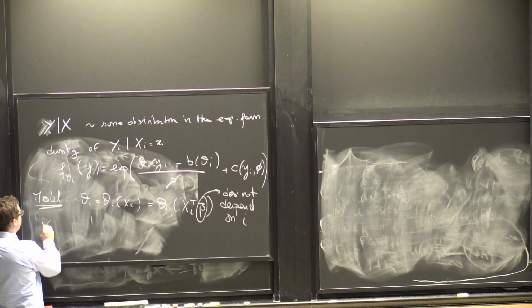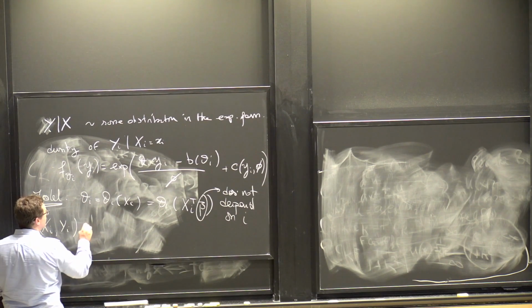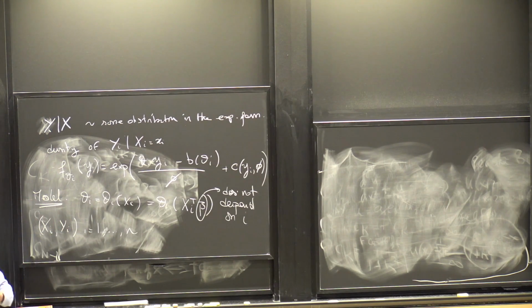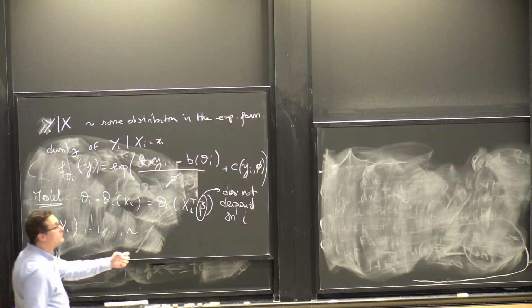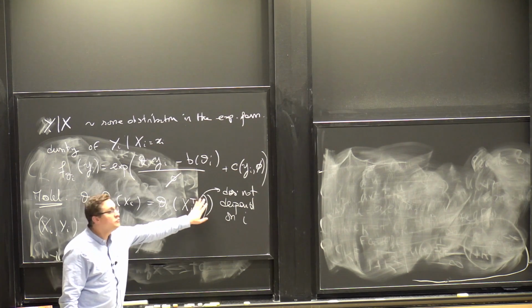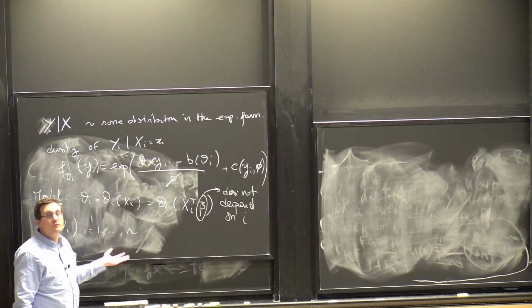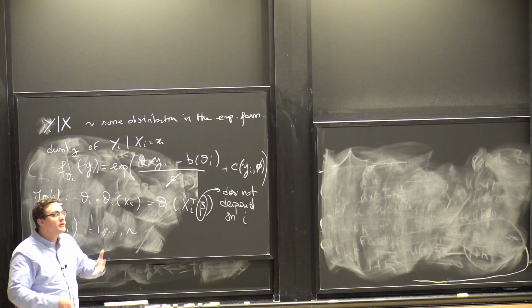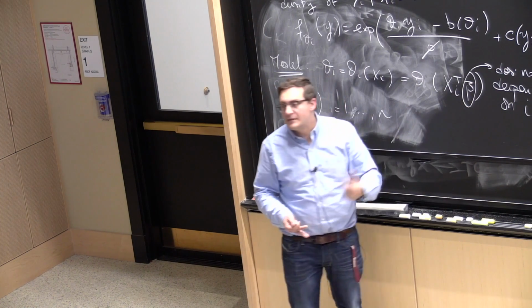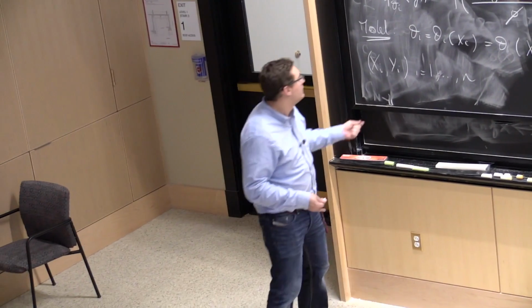If I observe pairs x_i, y_i, let's say I observe n of them, i equals 1 to n, the hope is that as I accumulate more and more pairs of this form, where there's always the same parameter that links x_i to y_i, that's this parameter beta, then I should have a better and better estimation of this beta, because it's always the same, and that's essentially what couples all of our distributions. If I did not assume this, then I could have a different distribution for each pair x_i, y_i, and I would not be able to do any statistics. Nothing would average in the end. But here I have the same beta, which means that I can hope to do statistics and average errors out.